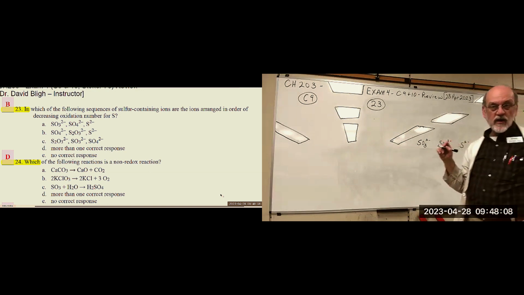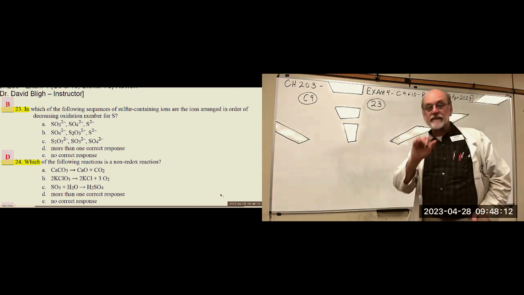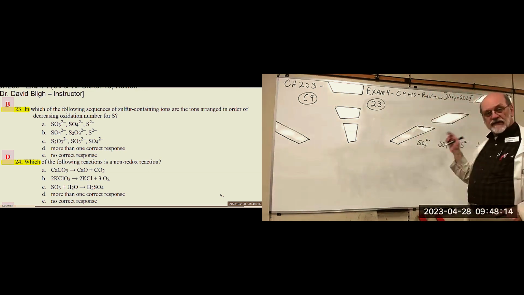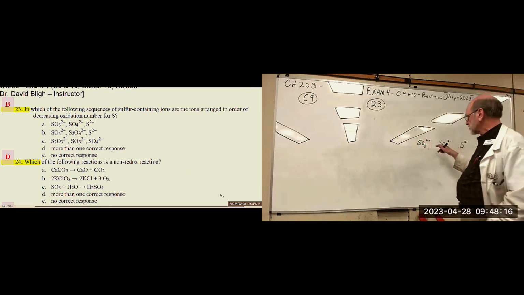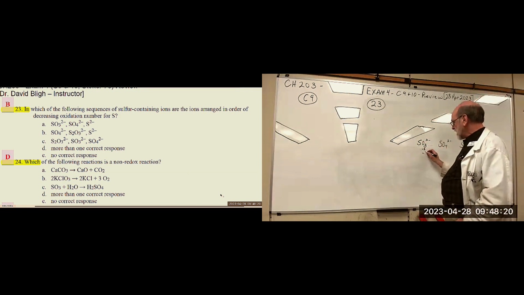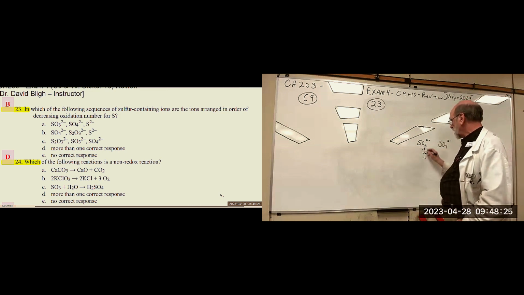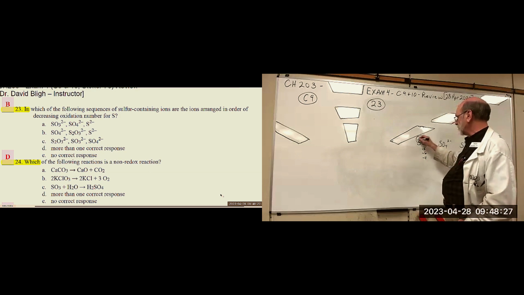That's called thiosulfate. And that's it. We just need to do the oxidation number for each one of these sulfurs. All right, so this is a -2 times 3 is a -6, but we're holding out 2 minuses for the charge. -4. That makes this +4.